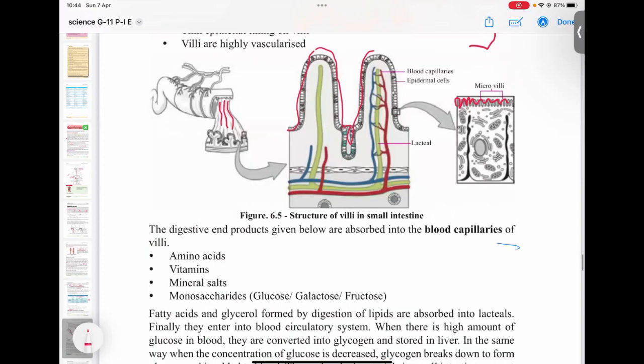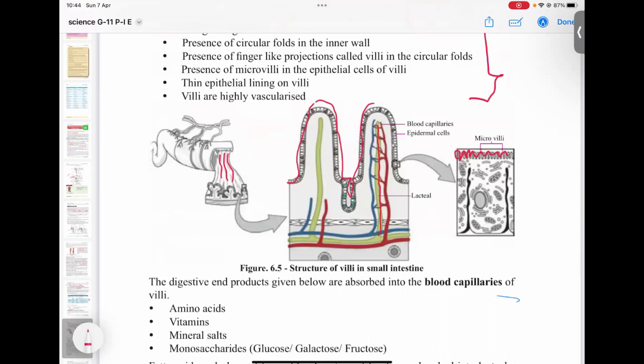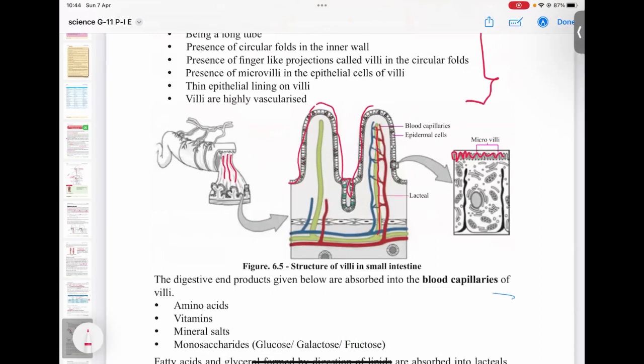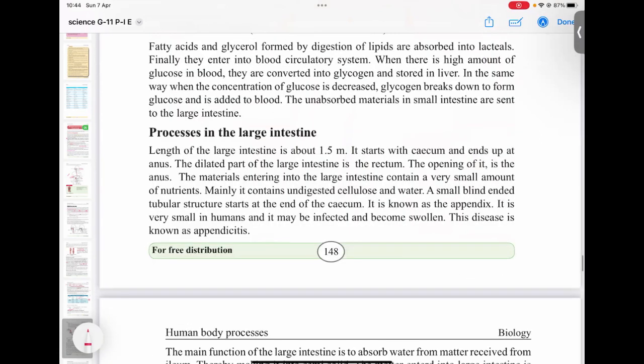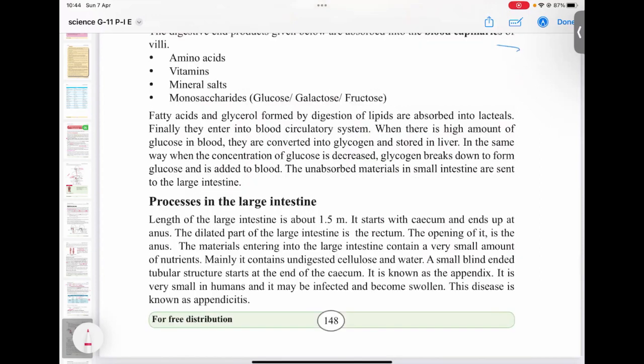What are lacteals? The green colored thing you see over here is the lacteals. These lacteals will drain the fatty acids and glycerol into the lymphatic system, and the lymphatic system will again provide them to the blood circulatory system. So you should know that fatty acids and glycerol are not taken into the blood circulation directly, but through lacteals.